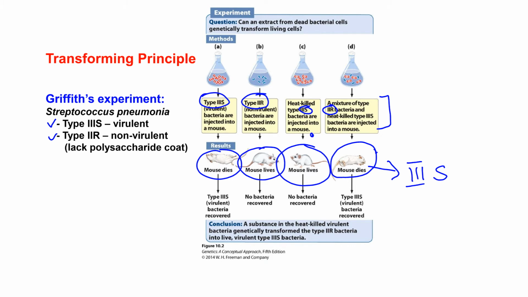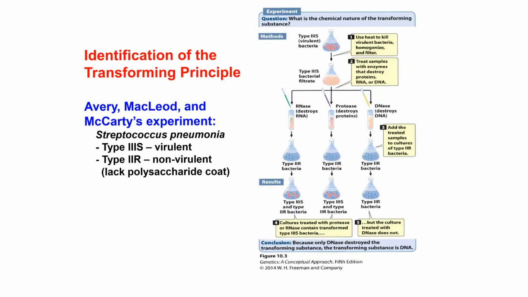So Griffith did not really know what the transforming principle was. He theorized that some substance in the polysaccharide coat might have caused pathogenesis. Many other laboratories confirmed his findings, and only later, 10 years later, Avery, MacLeod, and McCarty managed to isolate the transforming principle and characterize it.